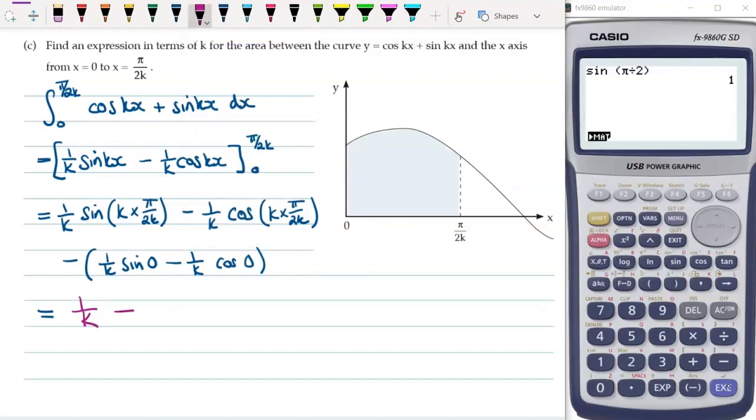Now cos of pi by 2 gives me a 0, so there's no term there. Next is this one. Sine of 0 is 0, but cos of 0 is 1. So we'll have a plus 1 over k. So overall, it's equal to 2 over k.